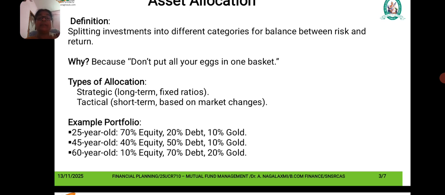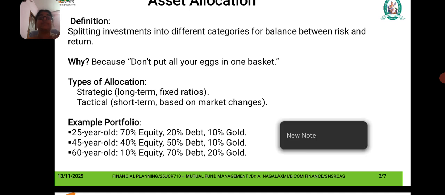If he is a retired person, 10% in equity, 70% in debt and 20% in gold. So it is an example of the right portfolio we should follow in order to get higher returns at different ages.